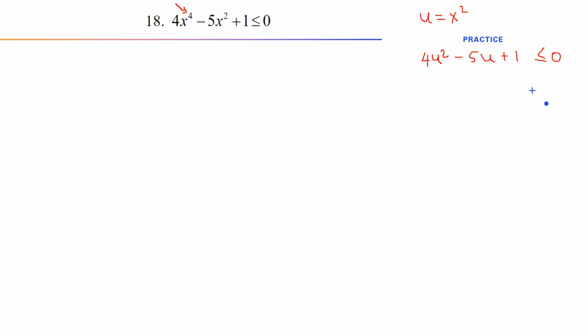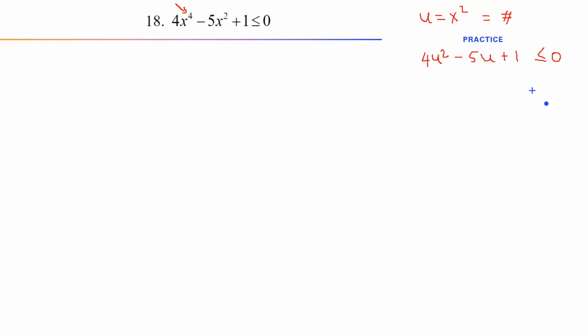You can set it equal and solve like normal, and then when you have u equals some values, you can solve for x squared. But I will do it without using the substitute letter.